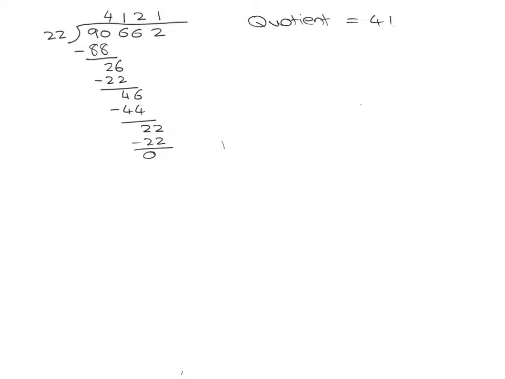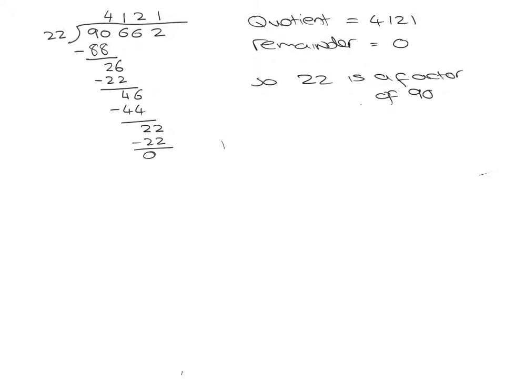So the quotient is 4121. The remainder is 0. So 22 is a factor of 90,662.